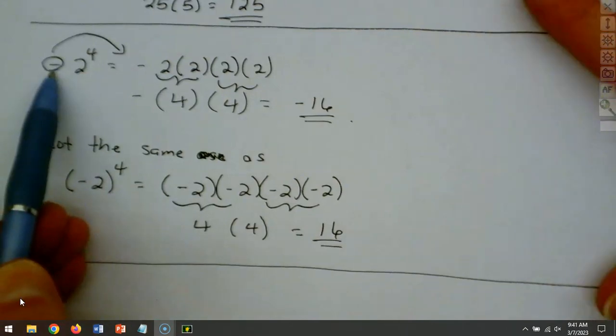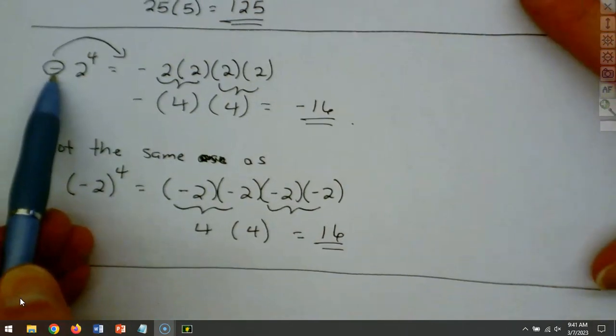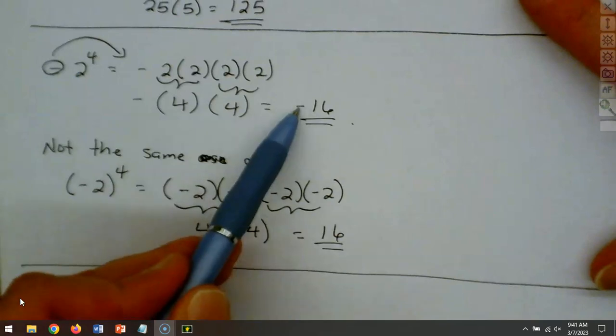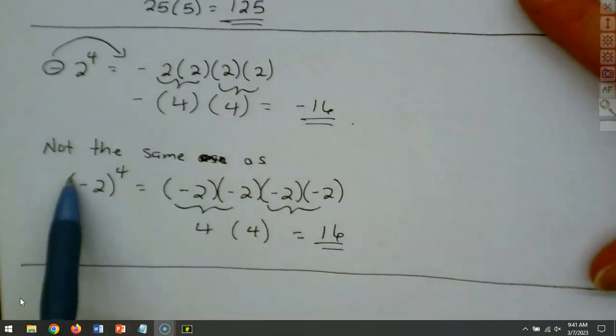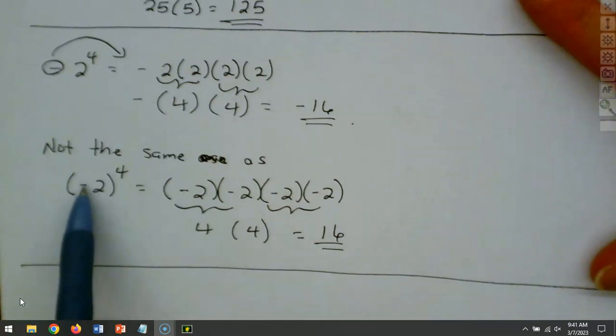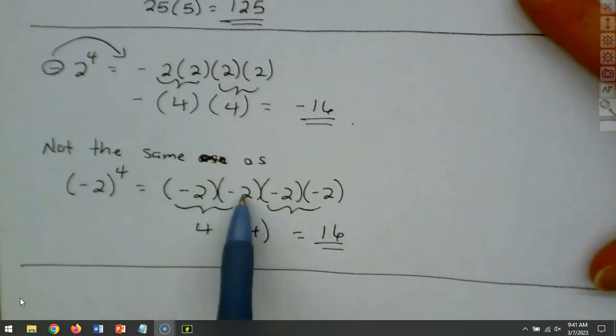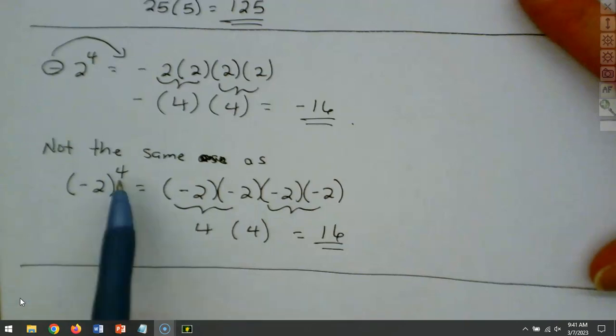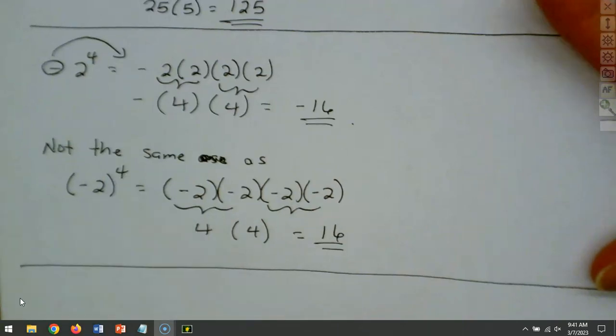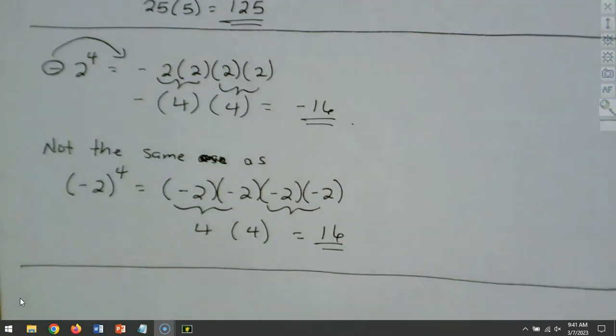Because if there are no parentheses, we just simply bring the negative along with it. Okay, so it just is tacked along in front. If there are parentheses, then what do we do? We write it out however many times we need to. So this is a 4th power, so we write that out now 4 times. And then we multiply. You can use your calculator, or you can just mentally do it like I did.